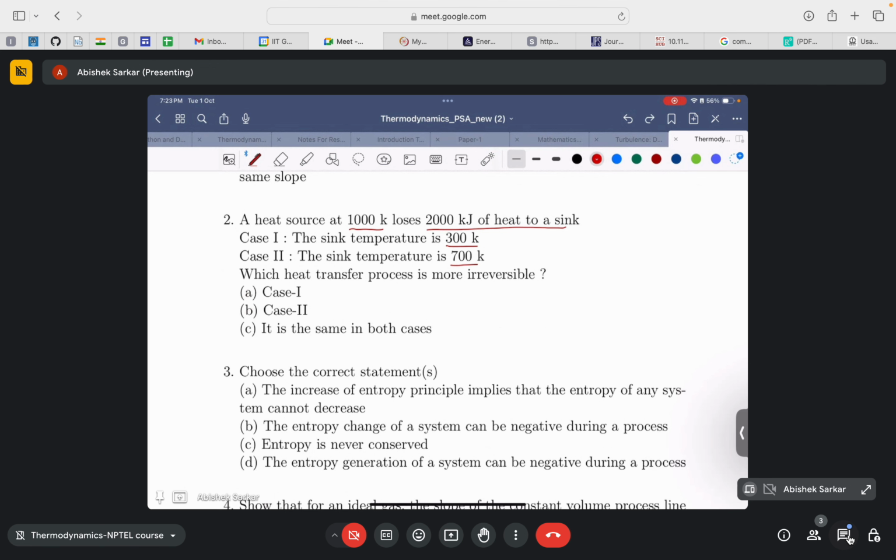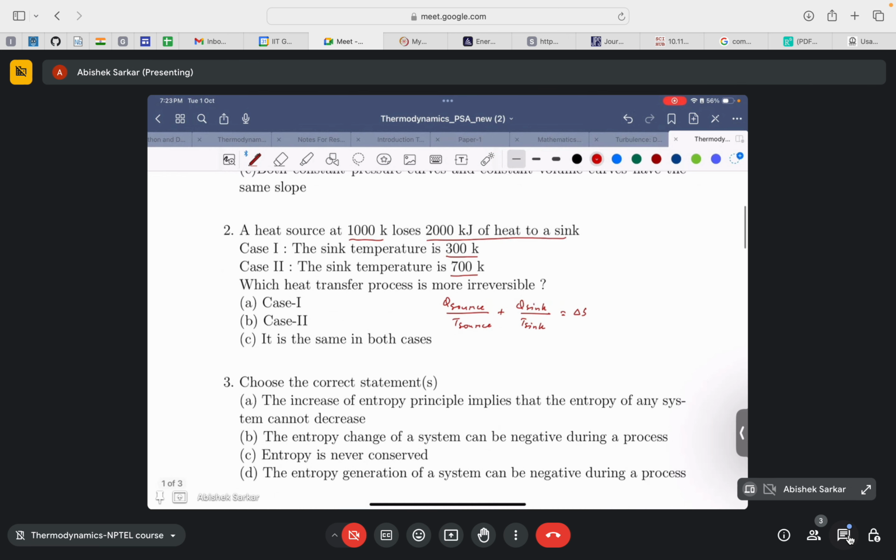Something like Q source plus Q sink. B. Okay, let me look into it for the viewers as well. Can you tell why, or is there any numerical value for supporting your answer? Either the statement is also fine. 700 is near to 100. Yeah, exactly.